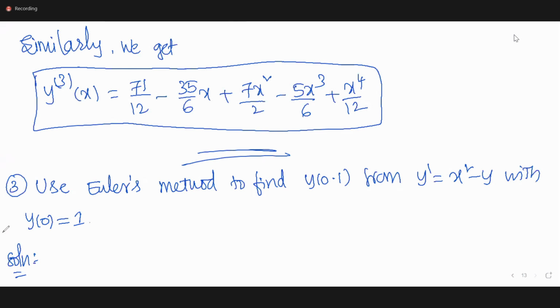Euler's method is a single step method. Y of 0 is equal to 1, x naught is equal to 0. We have to find out y of 0.1, so x1 is equal to 0.1.